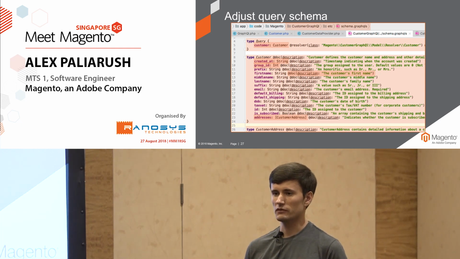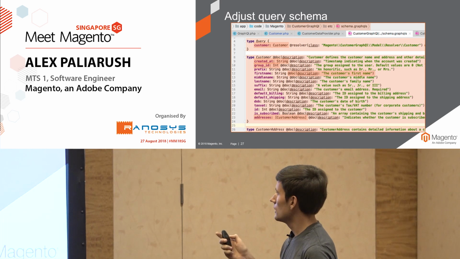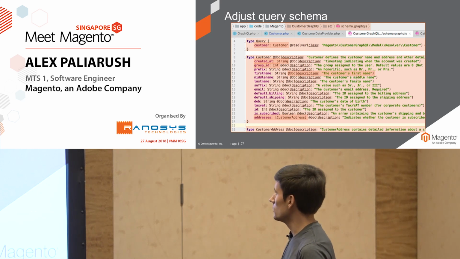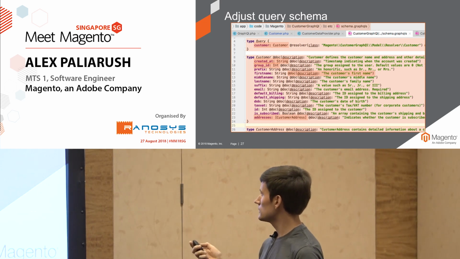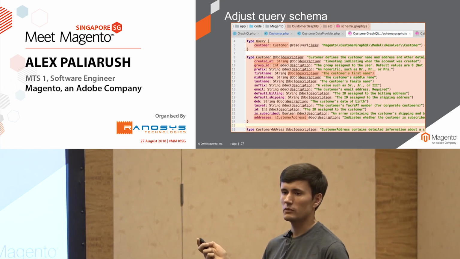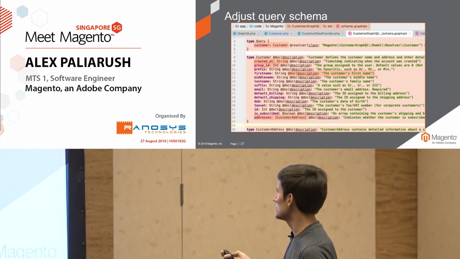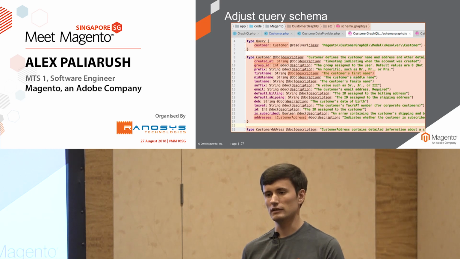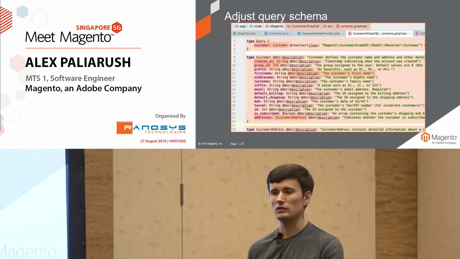This is GraphQL Schema Definition Language, which has top-level types called query and mutation for queries and commands, respectively. So if you want to define, let's say, a customer query, you just declare a new field under query type. And you also need to define a resolver, which defines how this data should be fetched. It can be fetched, let's say, from database or from a third-party API or whatever.